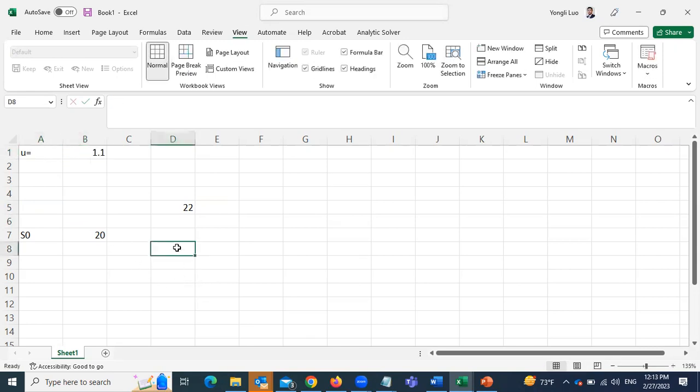And they could go down, right? They could go down to 20 times the down factor, this one, 0.9. This is the down factor.